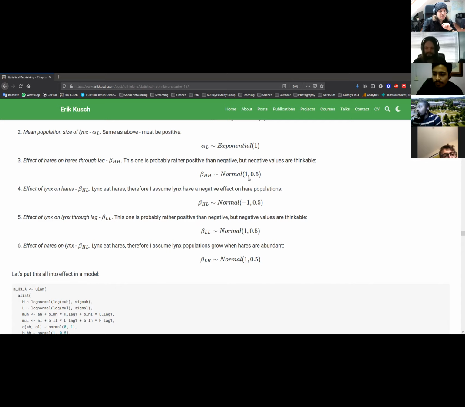Yes, this is what I meant by if we had a way of altering the beta coefficients by time. That would be great. But unfortunately we just don't, and so I'm just going in with a biological mindset, thinking, well, it's probably positive, but it could also be negative sometimes. And that's why I give this a normal distribution centered on one with relatively wide uncertainty.